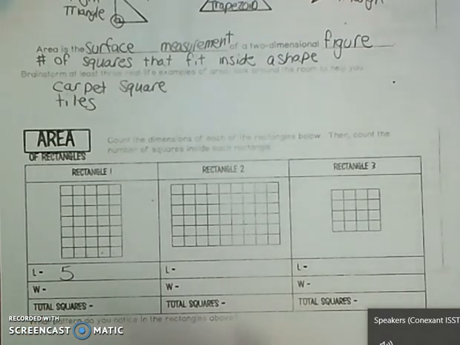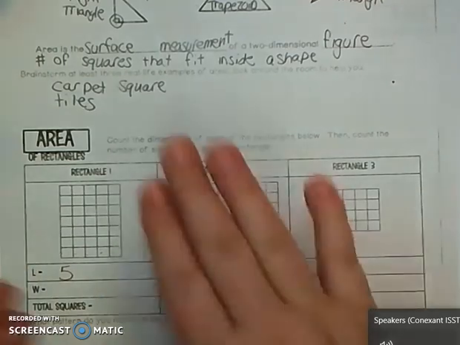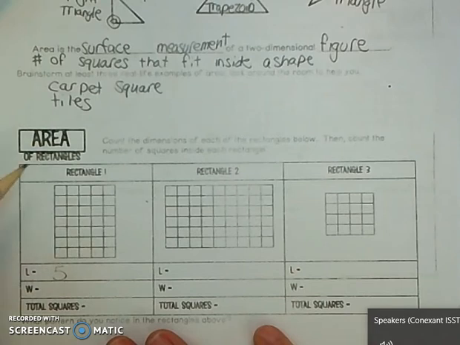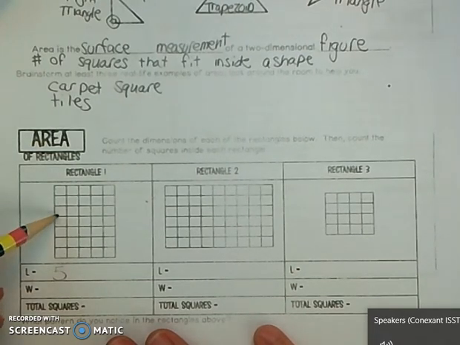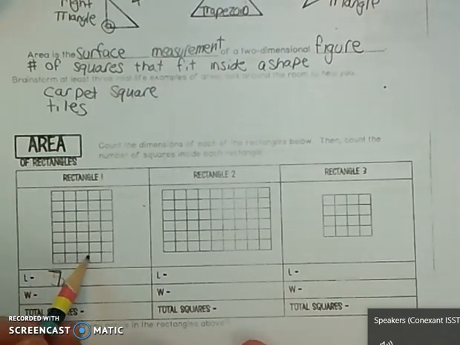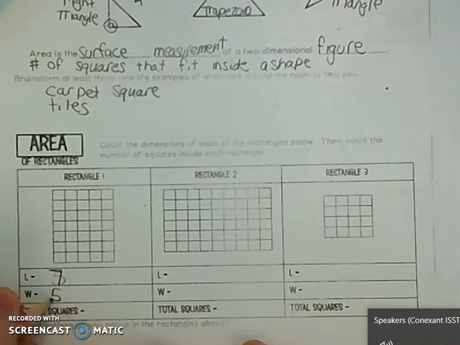And the width is, actually let's do this as the length, okay? So this is 1, 2, 3, 4, 5, 6, 7 squares long and 5 squares wide.